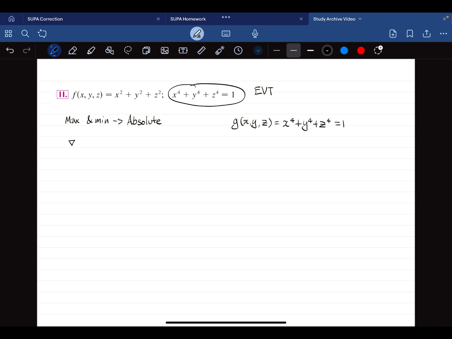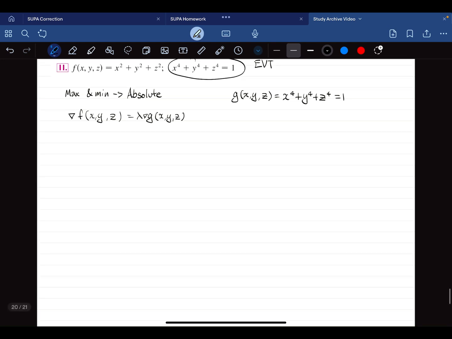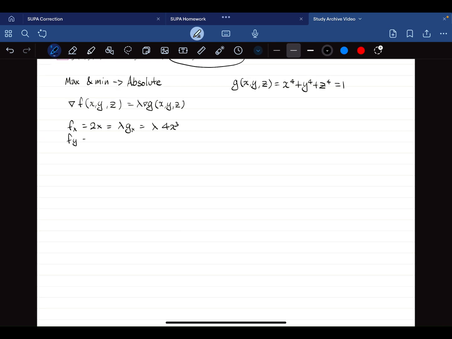And we would get straight into our Lagrange multipliers. So let's set up our equations. For f of x, it's going to be equal to 2x, which is going to be lambda g of x, which is going to be lambda 4x cubed. And we're going to go ahead and repeat that for all of our other derivatives.